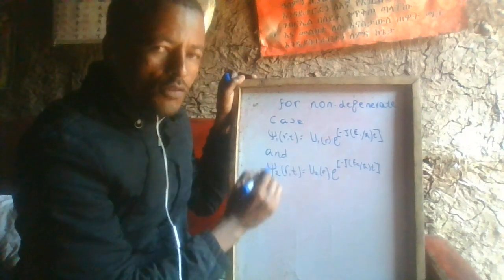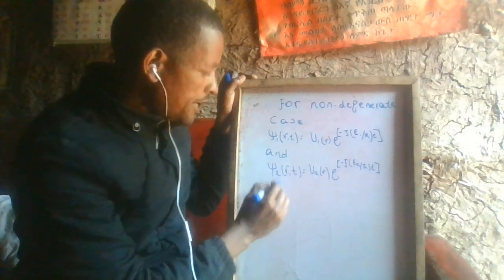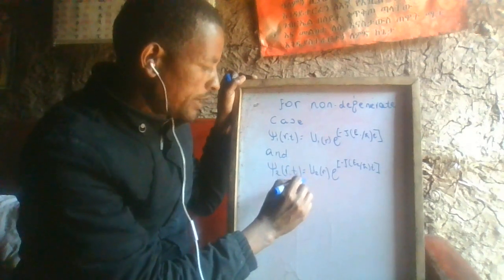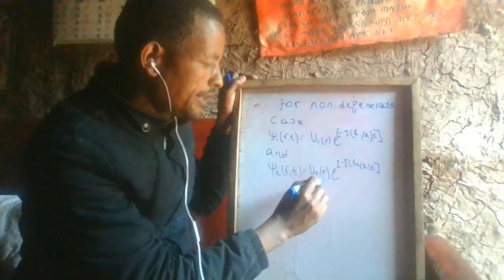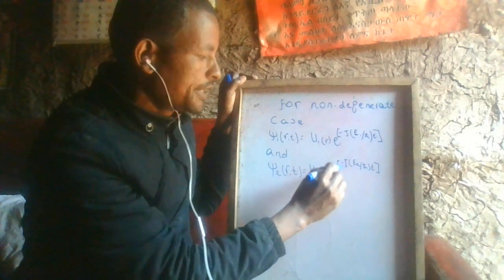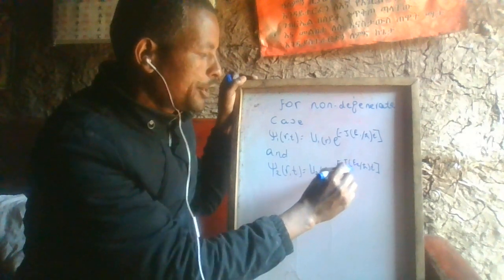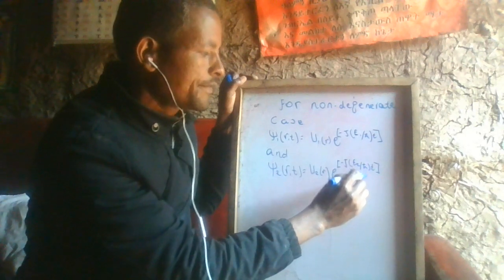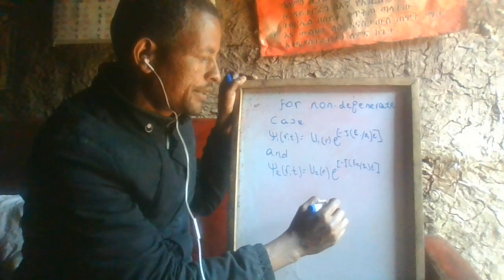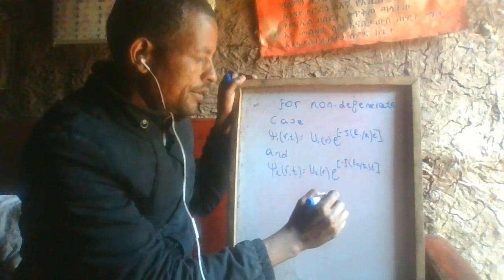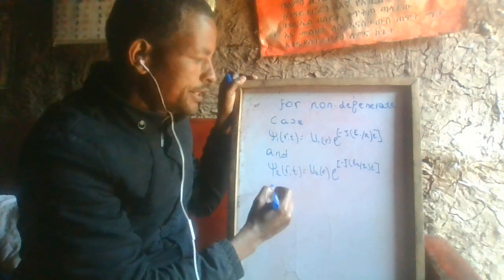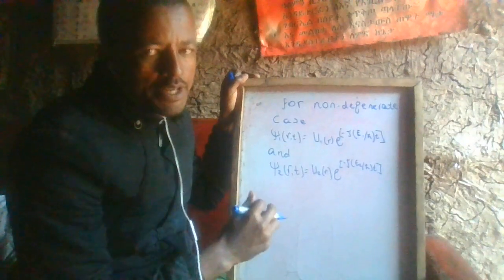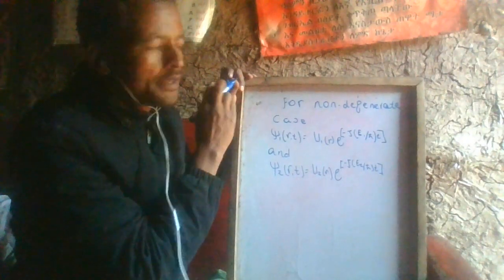And for level 2, psi 2 of r, t is equal to U2 of r times exponent negative j E2 over h bar times t.